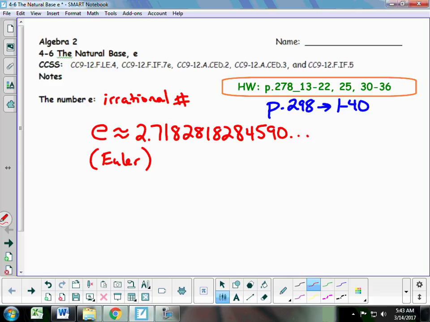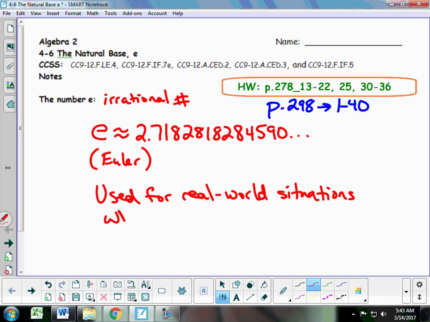It's used for real-world situations when continuous growth or decay is desired.